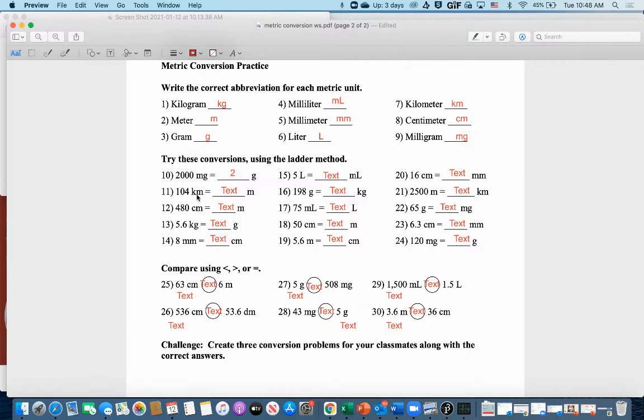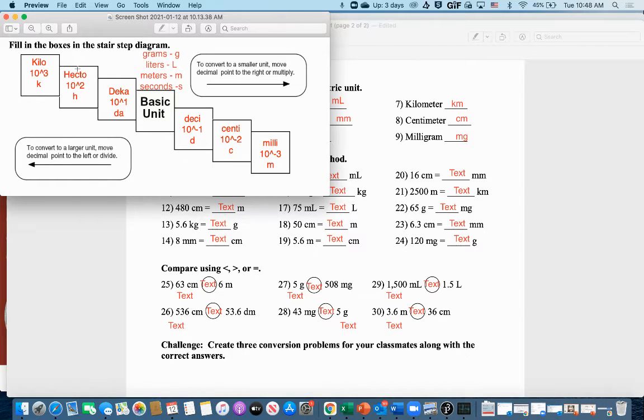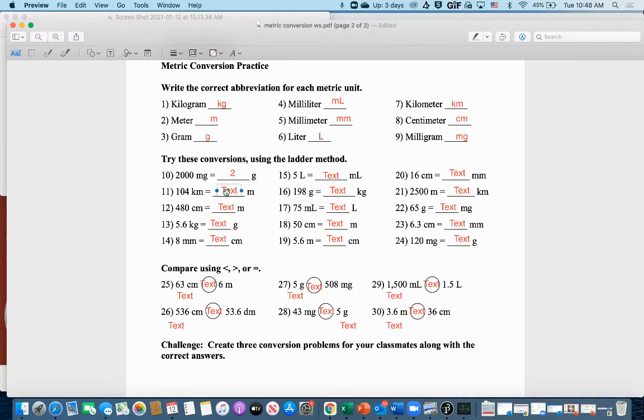104 kilometers to meters. All right, well, I'm going to start with kilometers and then go to my base unit here. So kilometers, I'm going to go down 1, 2, 3 to the right. So this should move this 3 to the right, which is just going to add 3 zeros. 1, 2, 3, 104,000 meters there. Okay, 480 centimeters to meters. Again, I have centimeters right here.